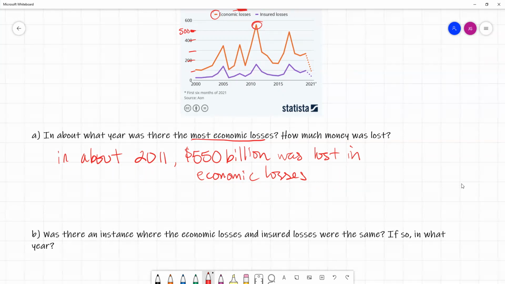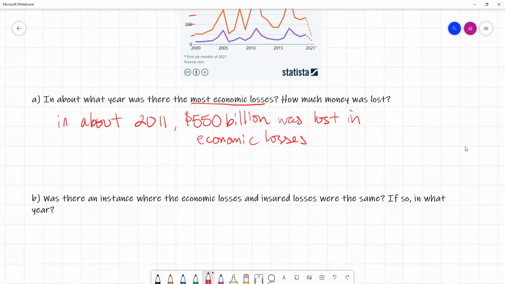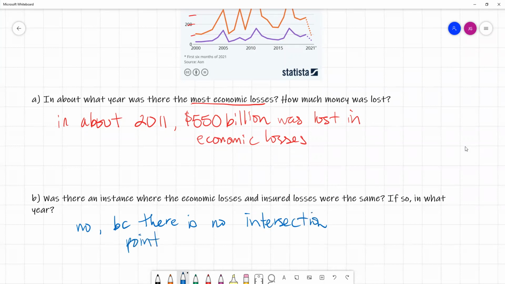Notice how there's no intersection point. So we would say no, because there is no intersection point between the two lines. And that's what we're looking for.